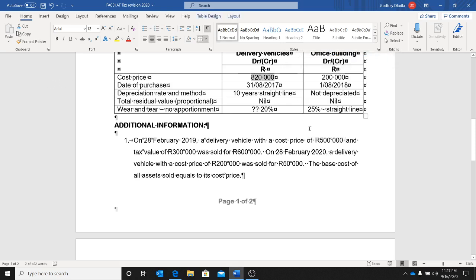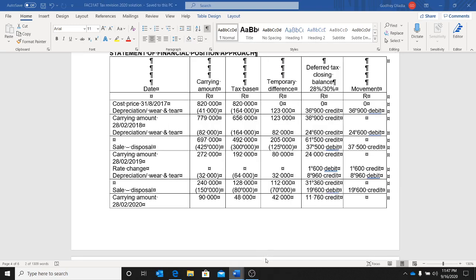Then I divide it by the 10 years, which is the useful life, or we can use 10% because 10 years and 10% is the same thing. So that will give you this 32 here, which is the depreciation now of the remaining assets, because remember, from 820 you've sold something that is 500,000. So the depreciation of the remaining assets will give you that 32, right?